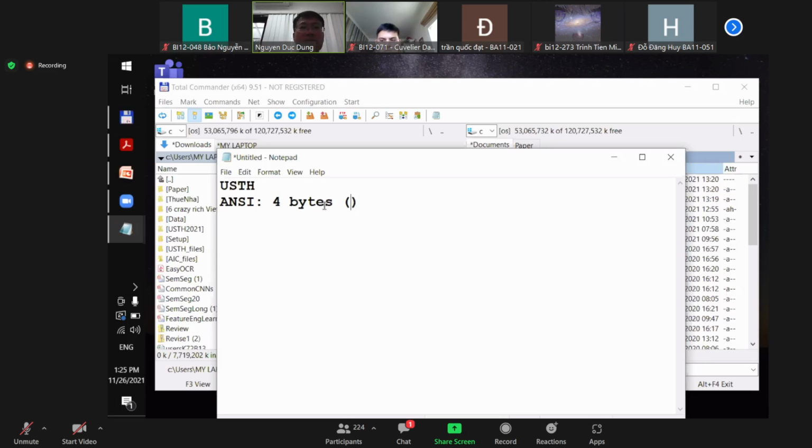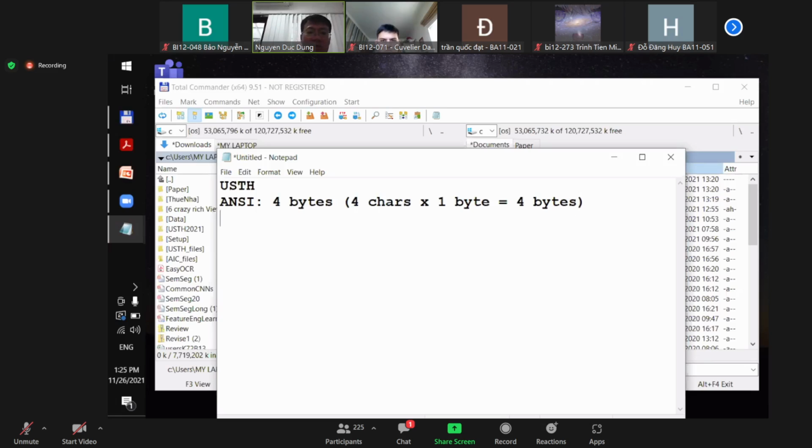Now, the answer of 4 bytes: I think that because it has 4 characters and each character takes 1 byte, for example 1 byte for 1 character, so it costs me 4 bytes. Yes, for the ANSI case.